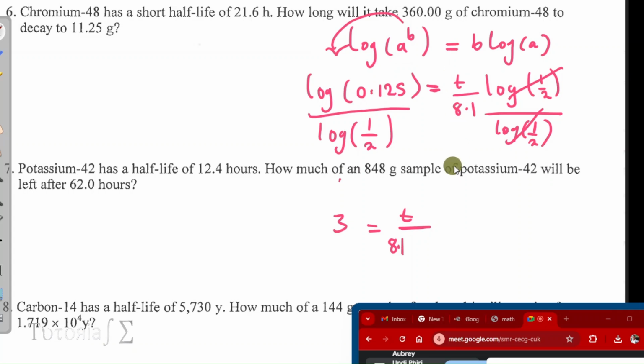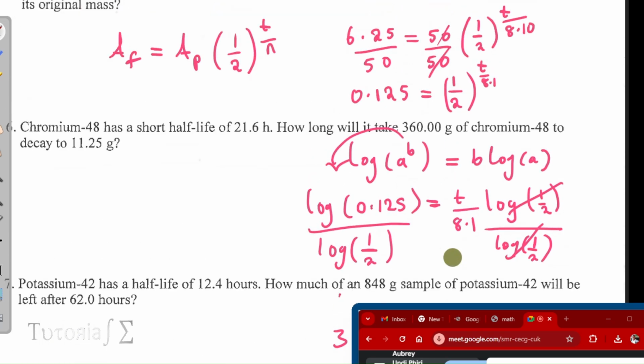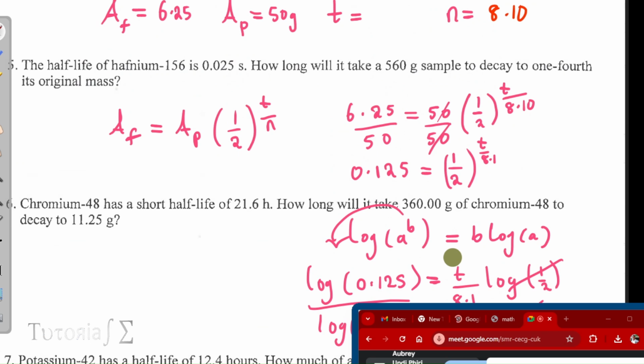We cross multiply. Very good. And what will be your time? 24.3. Now, the units of time depend on the units that we have in the question.